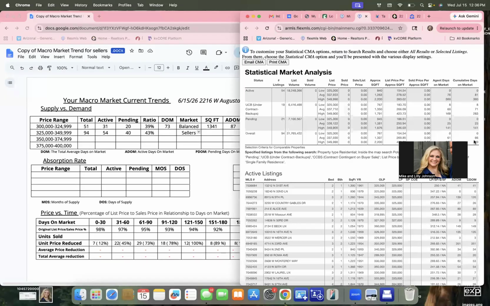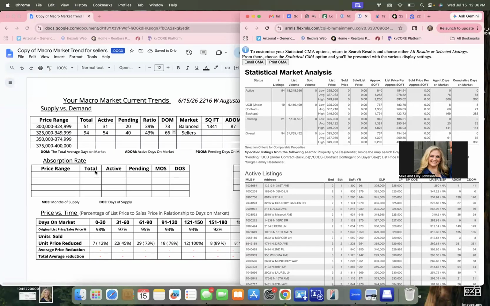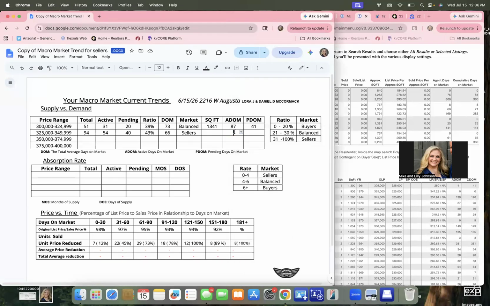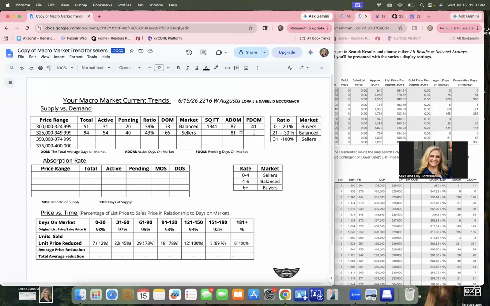The total days on market, and this one is 66. You'll see right here. And then the active days on market, 81. And then same thing, we always have this issue because of UCB 71.23. I'm going to use UCB 71. I just like that number better.